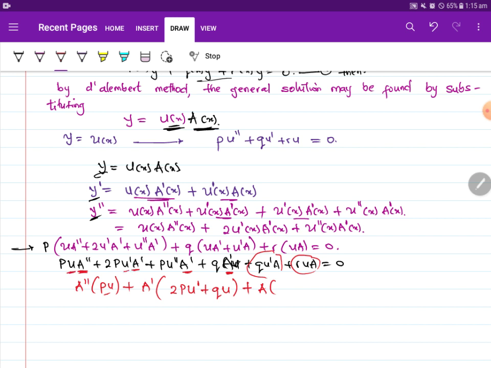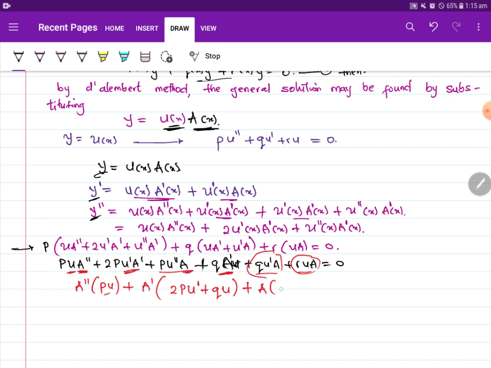Qu for a prime, this is it. Then I'm left with this and this. This should be ordinary a. How come I got that? It should be a mistake from my side, so I can review it. This p u prime prime is ordinary a. Sorry about that. Okay, so let's just continue.